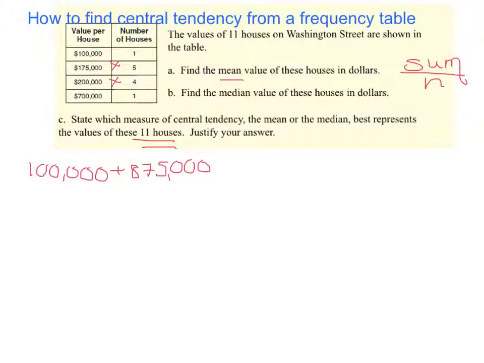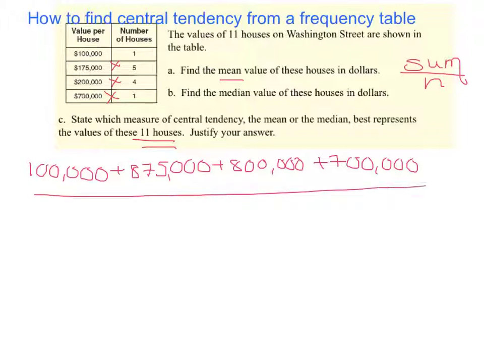If you multiply them out, you get 800,000. And we have one house for $700,000 to add to our sum. We're going to divide all of these by 11. Some of you might say I only have 4 numbers, but remember that I multiplied for each house where the frequency was greater than 1.